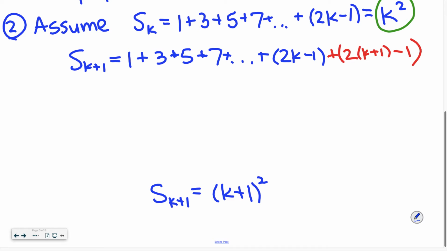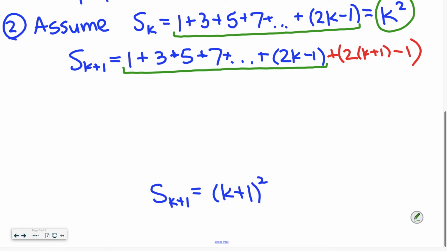Okay. So our k plus 1 sum is the same thing as the k sum, but we add an extra term. All right? Well, ladies and gentlemen, do we know what this is right here? Same thing as that, right? So we can say, all right, our sum is really k squared plus this guy that I wrote in red.